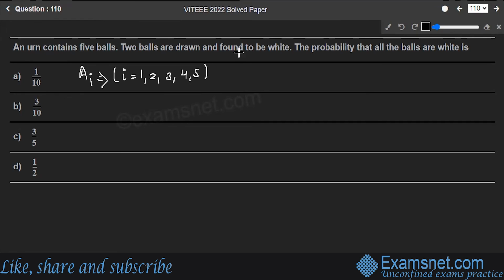Now let A be the event, and B the event that the urn contains 2, 3, 4, and 5 white balls.